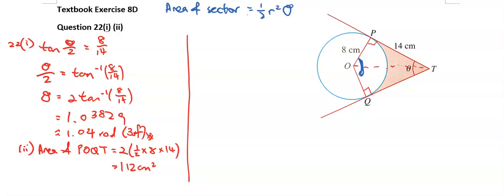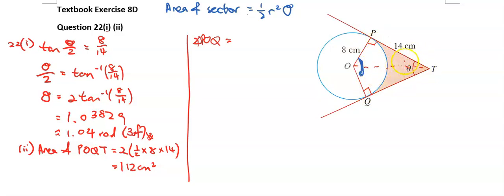What you can do is, angle POQ, if you work in degrees, it will be 180 degrees minus theta, because we have 2 right angles here. The sum of angles inside a quadrilateral is 360, so after we take away these 2 right angles, we are left with 180.